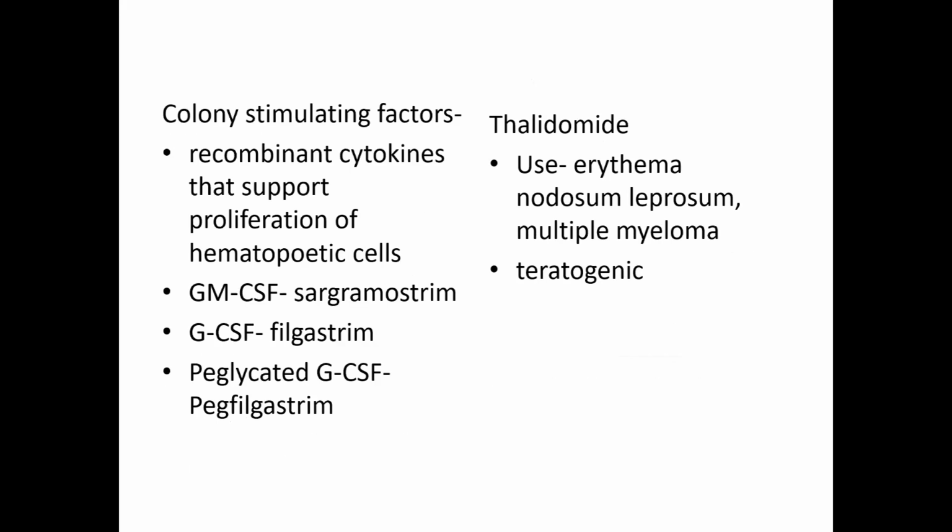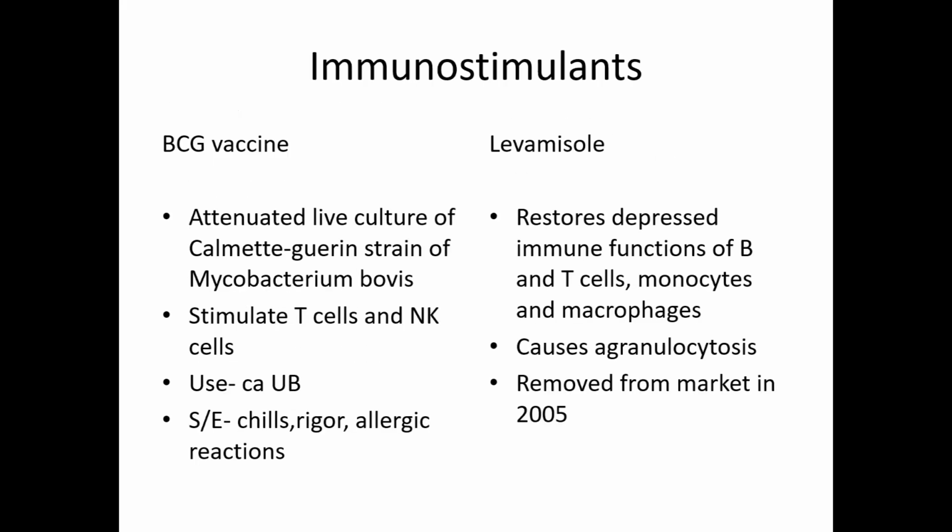And lastly, we have colony stimulating factors, recombinant cytokines that support proliferation of hematopoietic cells. We have GM-CSF and G-CSF, like filgrastim, and thalidomide. Thalidomide, because of teratogenicity, is again out of the market. So these are the basic immune stimulants.